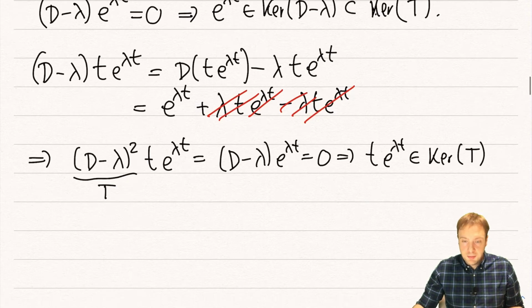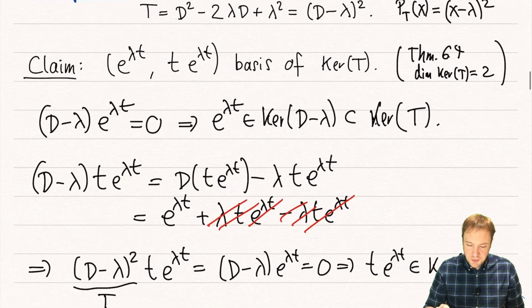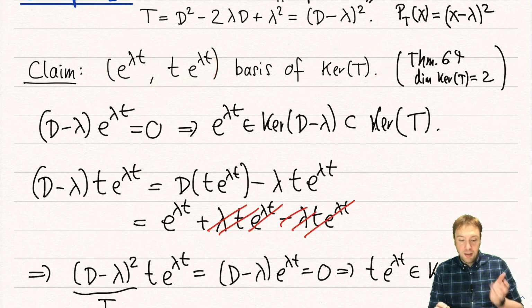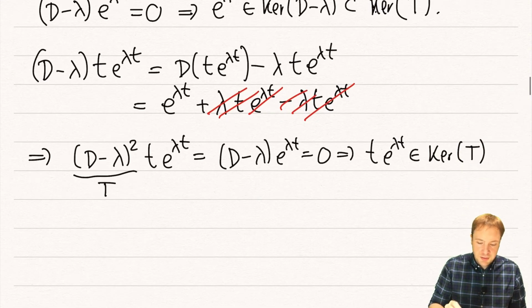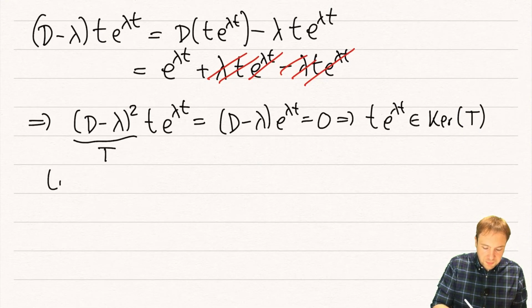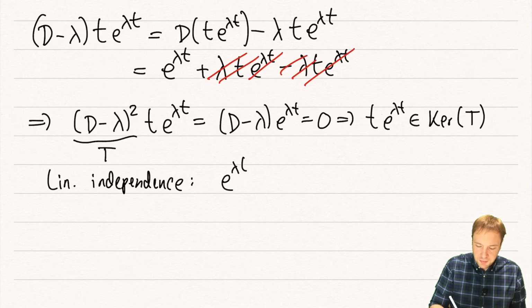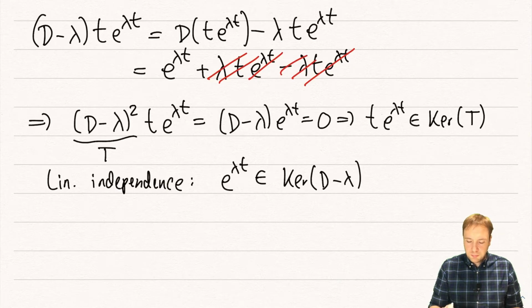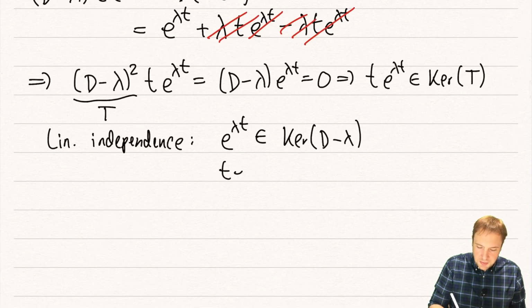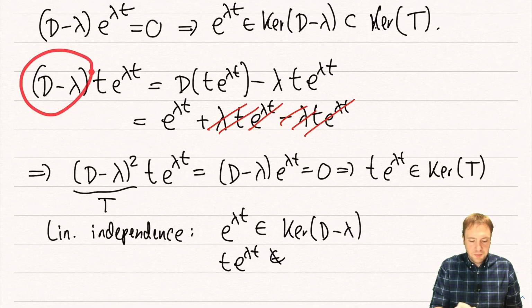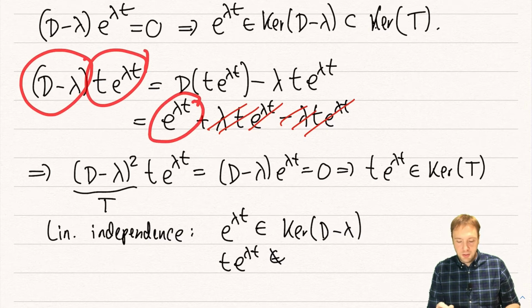Okay, and why are these two functions linearly independent? We just showed that these are elements in the kernel, but why are they linearly independent? In this case, it's easy to see. The first element is in the kernel of D minus lambda, but the element t e to the lambda t is not in the kernel of this operator, because if we apply this operator, we don't get 0, we get this function here.